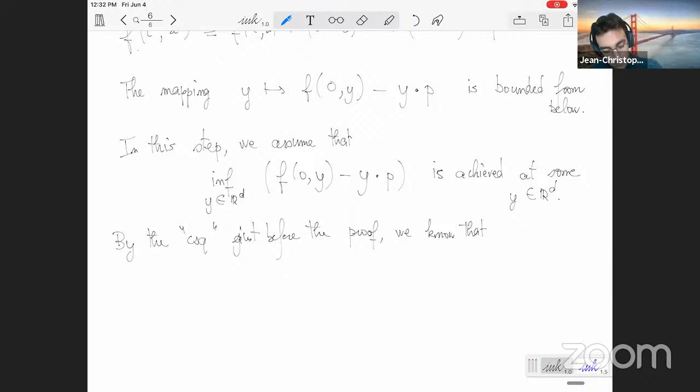So we know that there exists (b,p') in the subdifferential at (0,y) such that b minus H of p' is equal to 0.